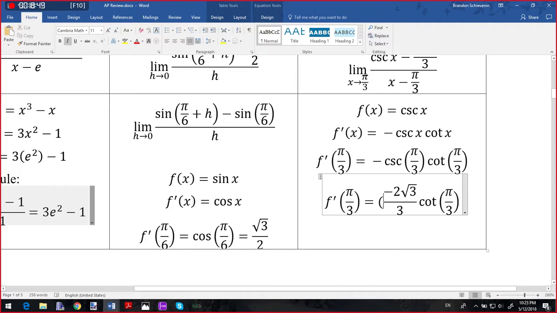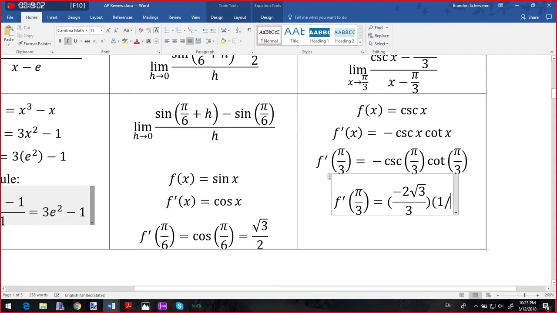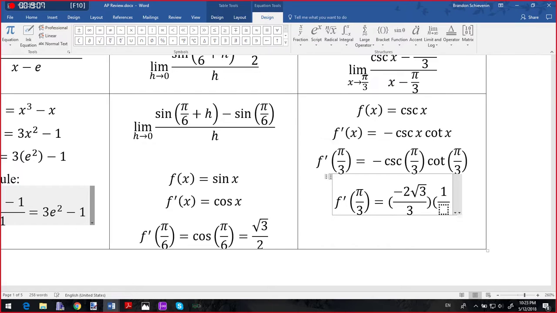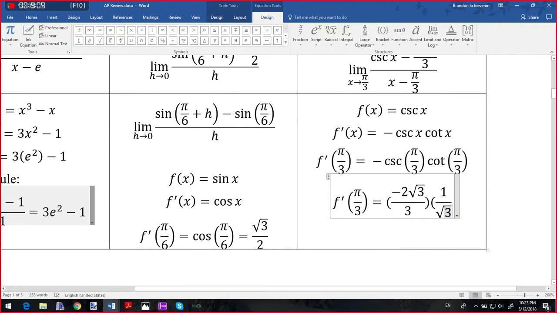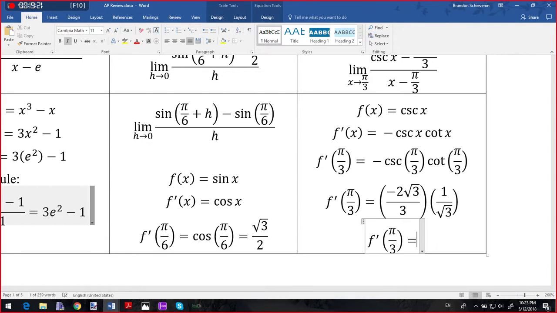Okay, so that's 1/2 divided by root 3 over 2 is 1 over root 3, or root 3 over 3. I'm going to leave this one as 1 over root 3 because things are going to cancel. So this is 1 over root 3. Okay, so what's going to cancel? Root 3 is going to cancel. The answer is minus 2 over 3. Awesome.